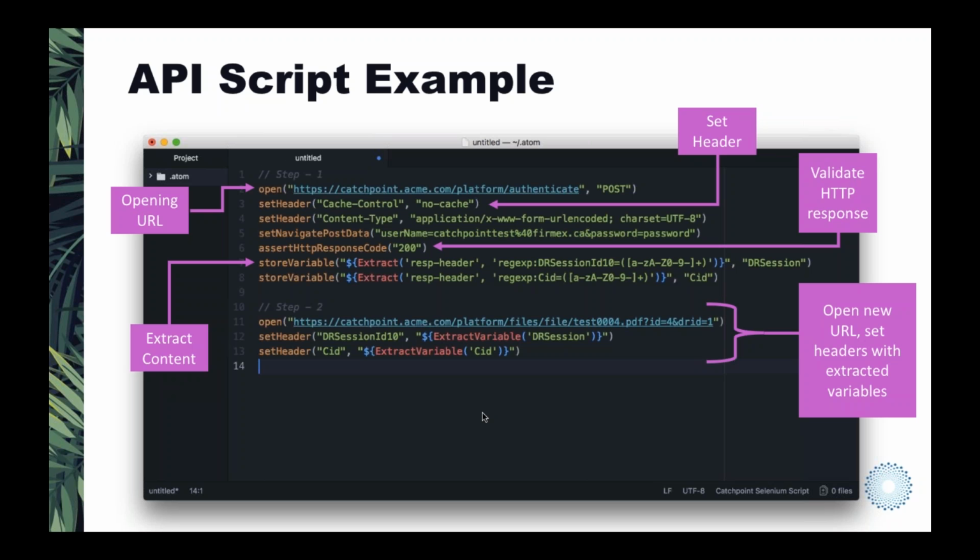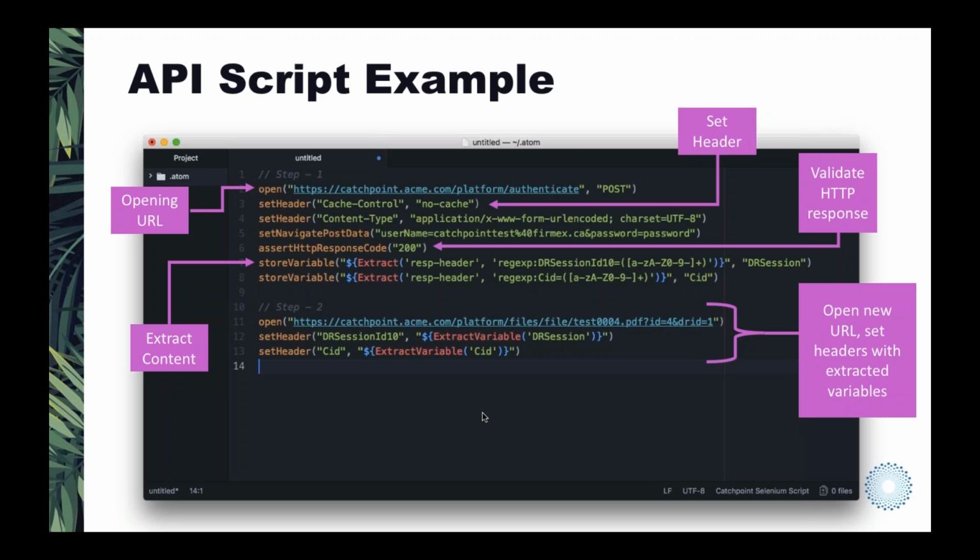Moving on to the second step, we're then going to open up a second endpoint. Part of that endpoint, the query string on the end there, is to get a PDF file, but we're only going to be able to get that PDF file if we set some headers. We need to set the DR session ID and the CID, and we do that by pulling in the variables that we have extracted from the previous step.